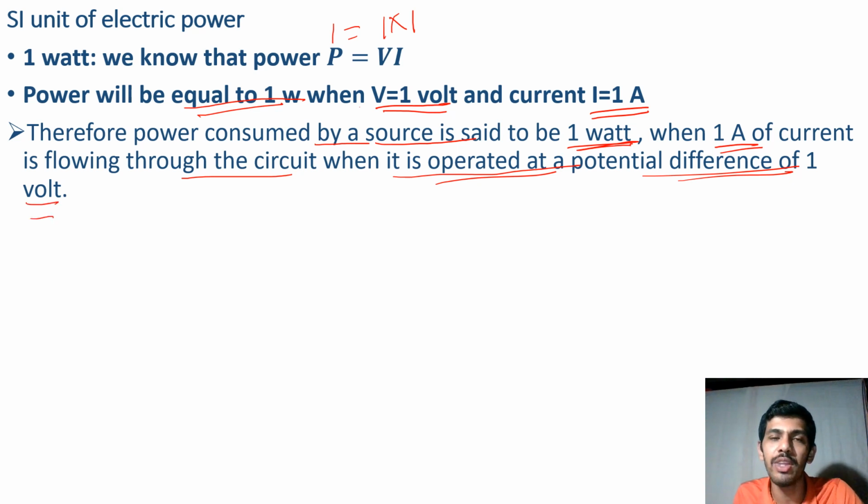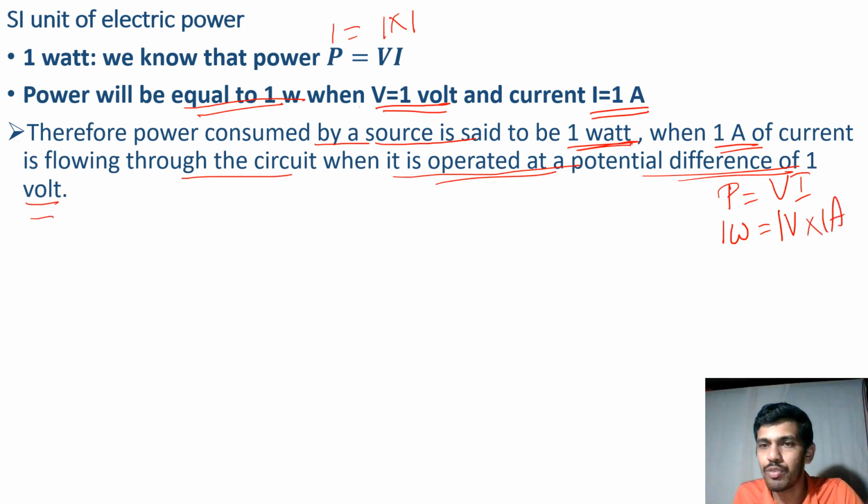That is the definition of 1 watt, obtained from P is equal to V into I. So when will P be equal to 1 watt? When V will be equal to 1 volt and I will be equal to 1 ampere. What is the meaning of that?